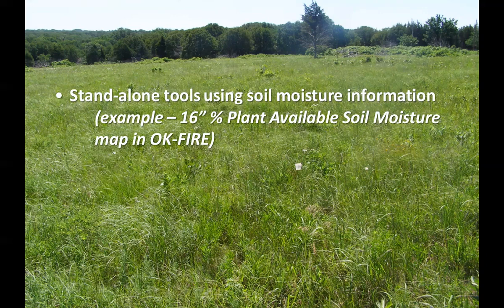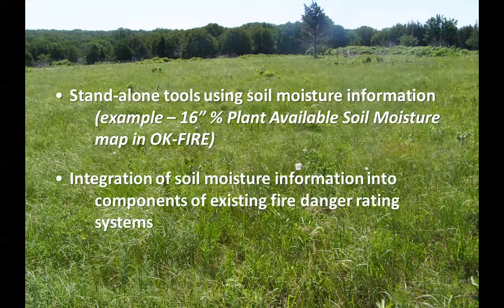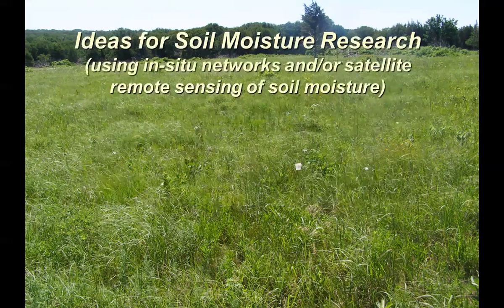In other words, this is just a standalone tool that's not integrated into any existing fire danger rating system. The other type of product, of course, would be integration of soil moisture information into components of existing fire danger rating systems.